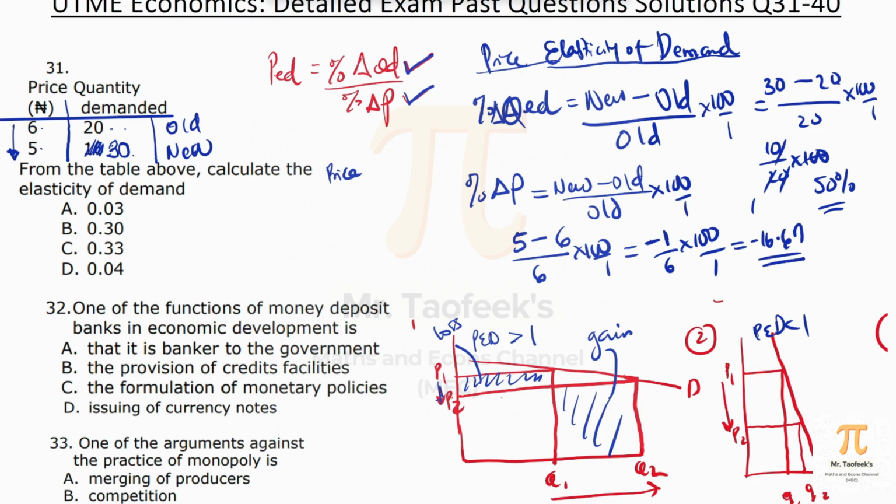So finally, remember we said our PED is percentage change in quantity demanded, which in this case is 50%, divided by percentage change in price, which is minus 16.67%.